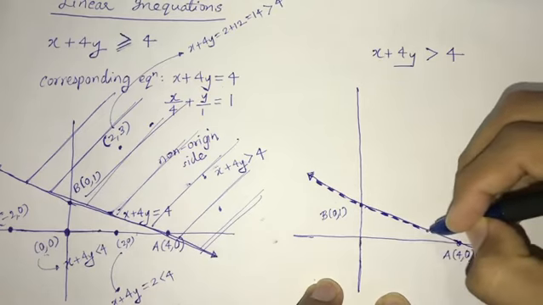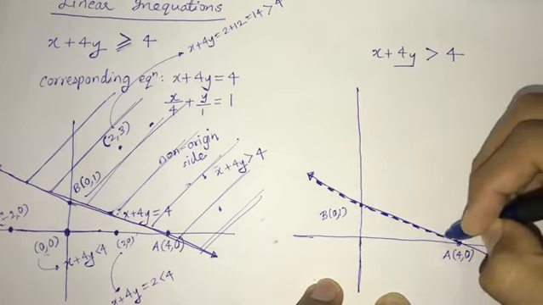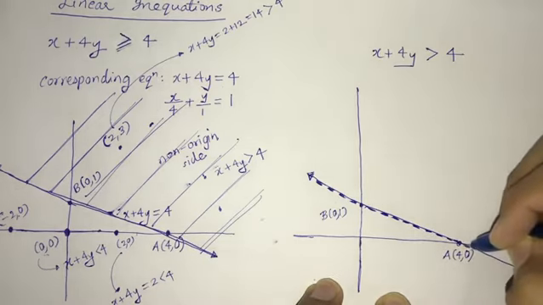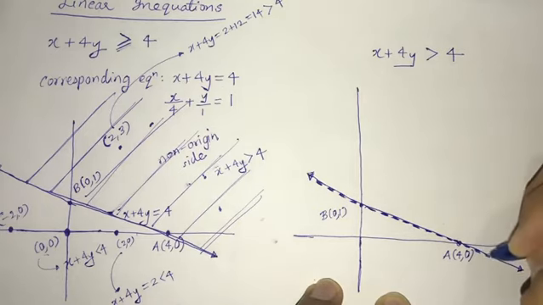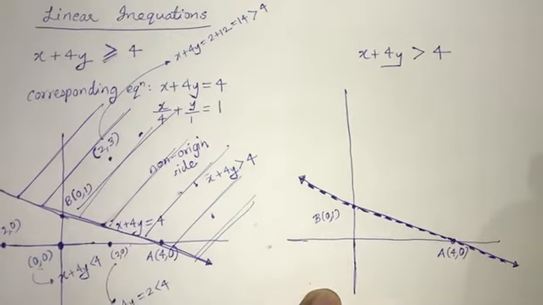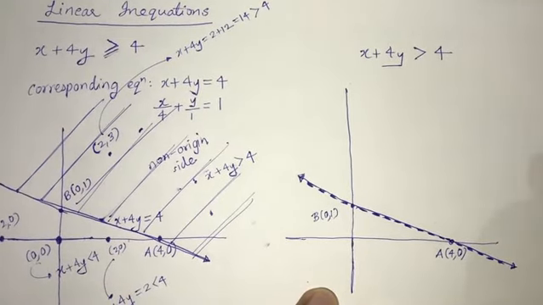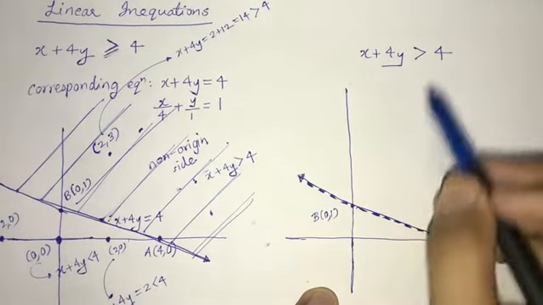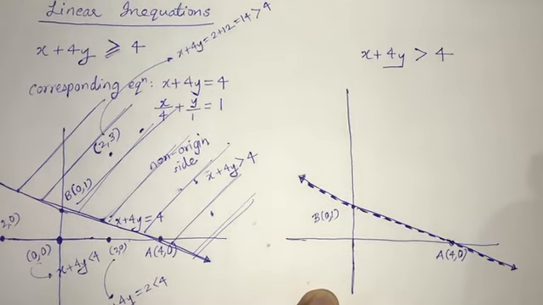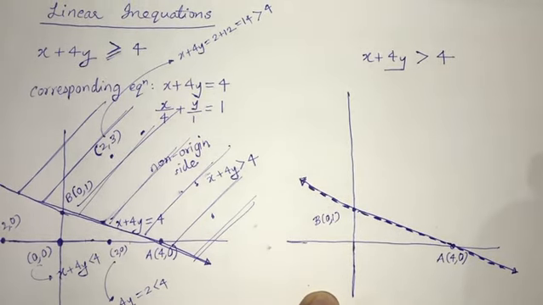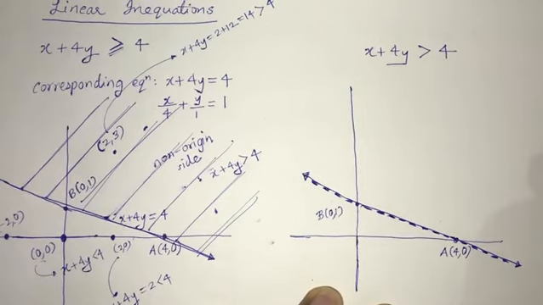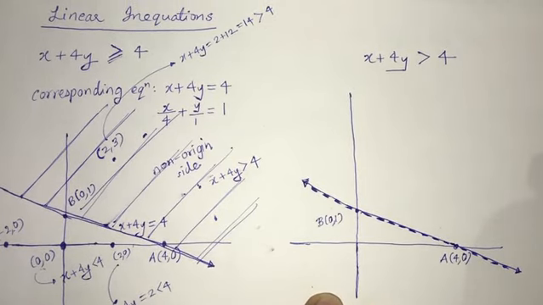So we are going to have a dotted straight line because I don't want to include the points of this straight line in the solution, because the question does not ask for x plus 4y equal to 4. It asks only for the points which will satisfy the inequality x plus 4y greater than 4. It does not ask for the solution for x plus 4y equal to 4.